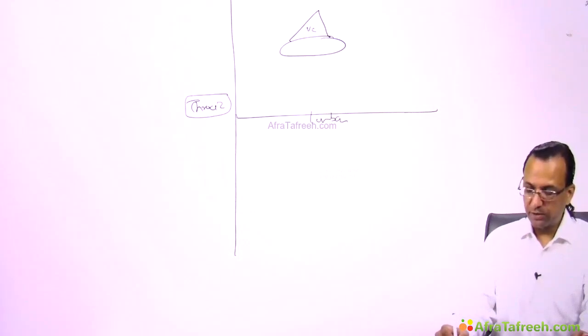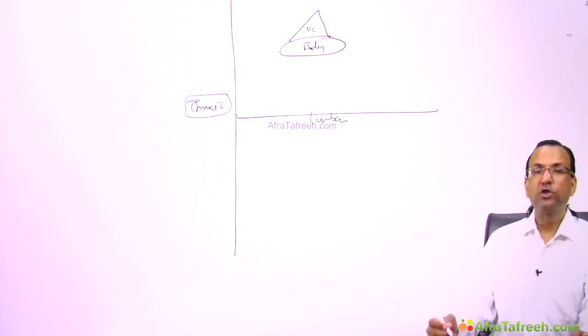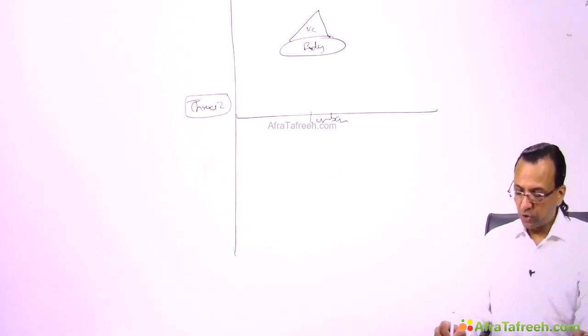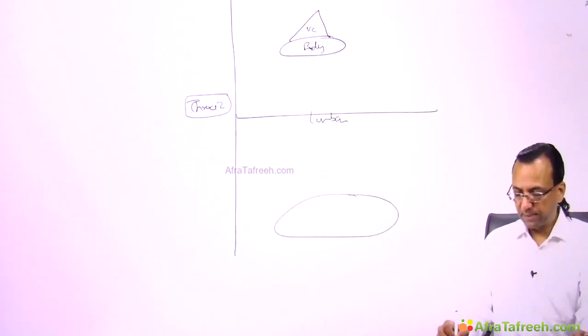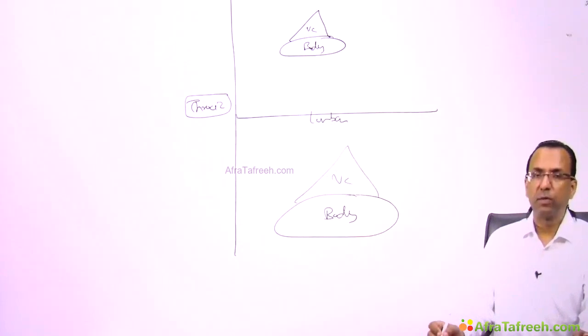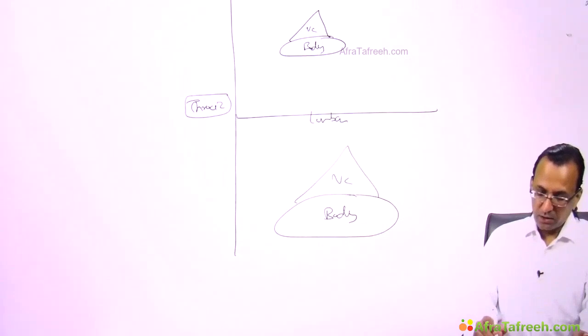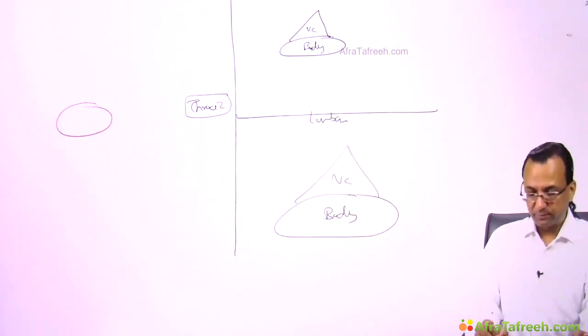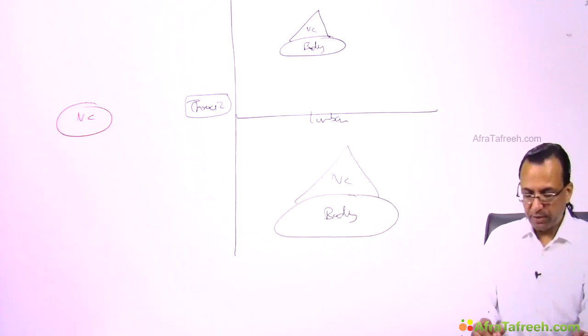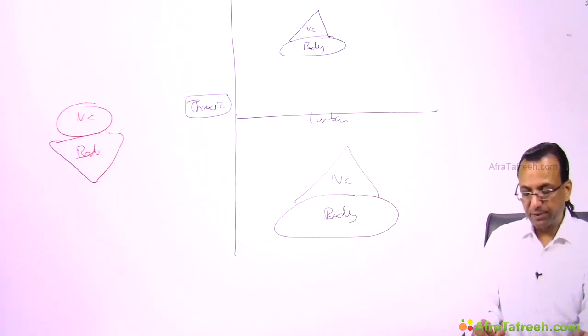So this is the vertebral canal, this is the body. So lumbar region, oval body but large body, and the vertebral canal is triangular. Okay, what about the thoracic? Thoracic, I'll tell you. The vertebral canal is oval, and the body is triangular, like heart shape.